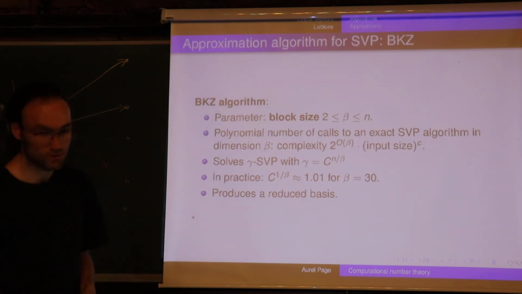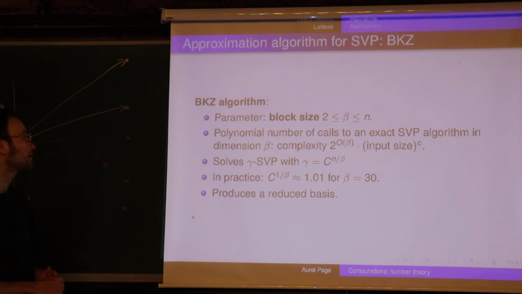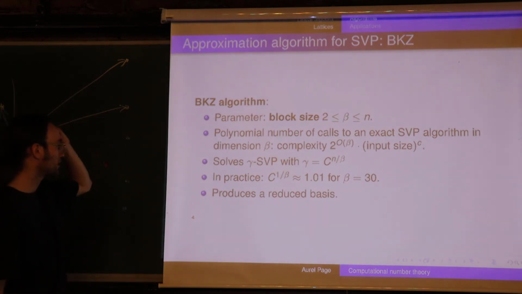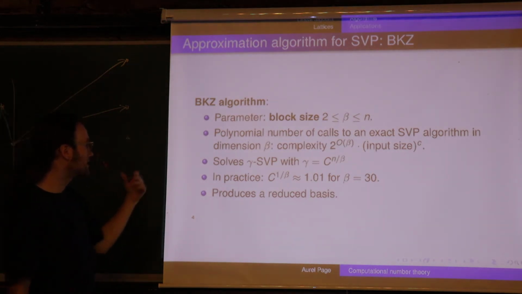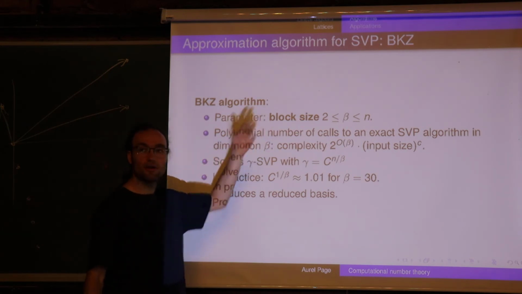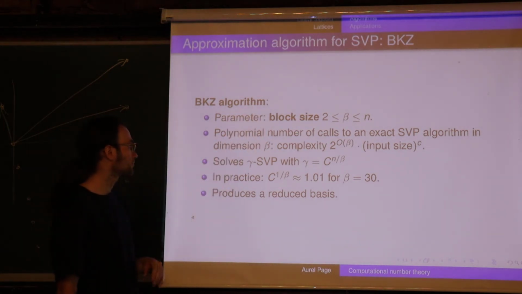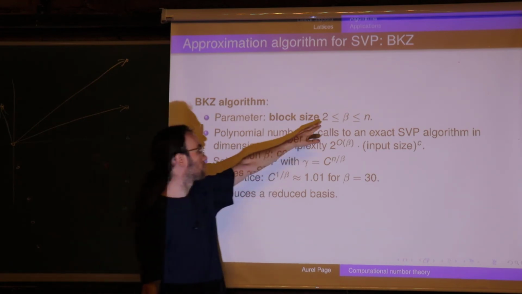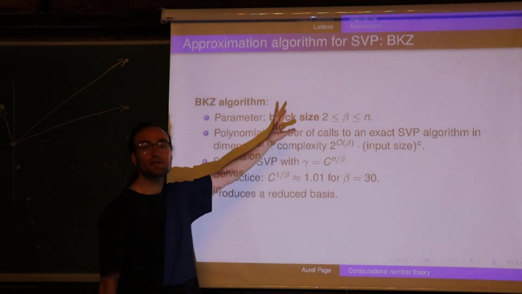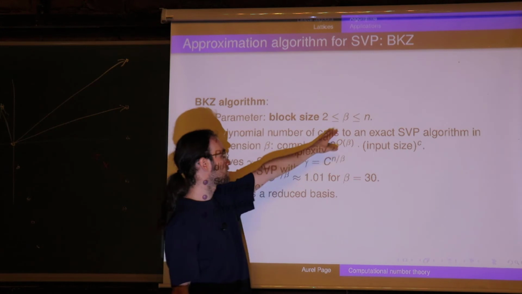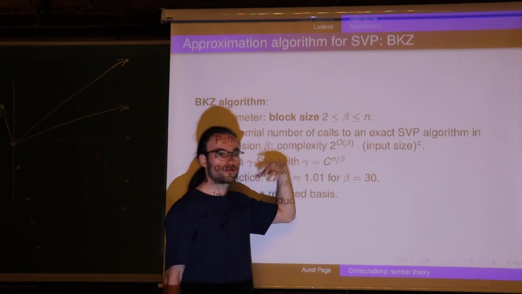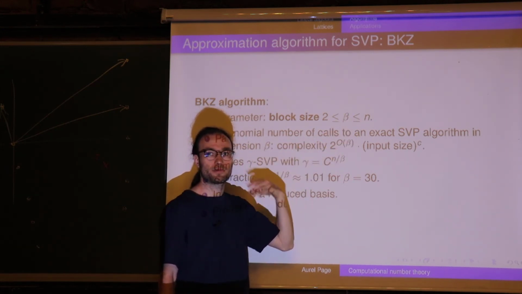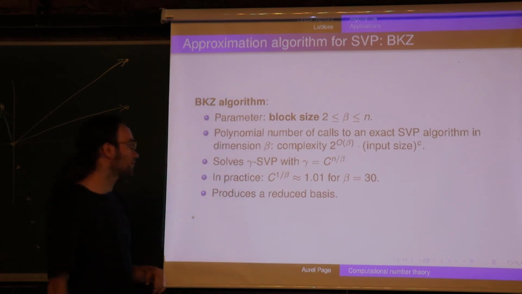And this is the point of the BKZ algorithm, Block Korkine-Zolotarev. This algorithm has an extra parameter called block size, usually denoted beta, between 2 and n. So 2 would be essentially the same as LLL, and beta equals n would be just using an exact SVP algorithm. And you have the whole set of choices in between.